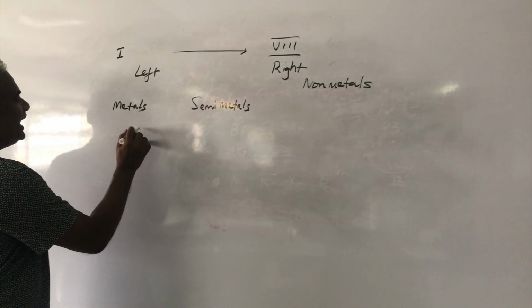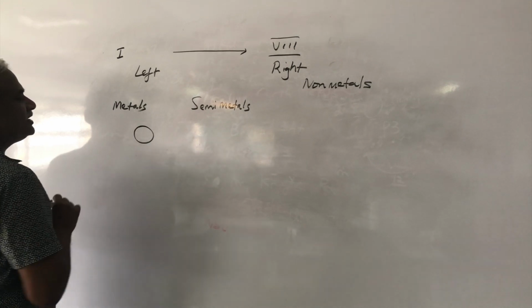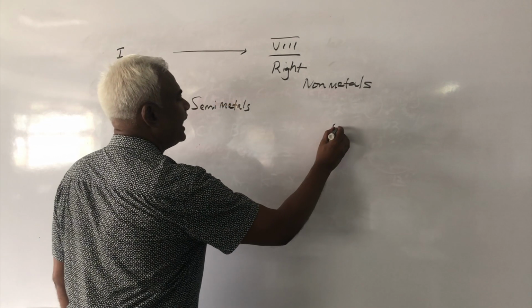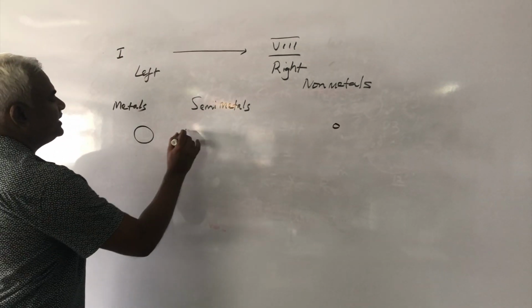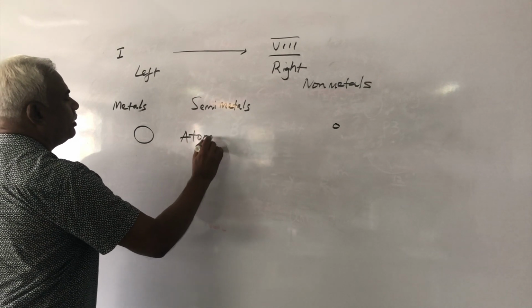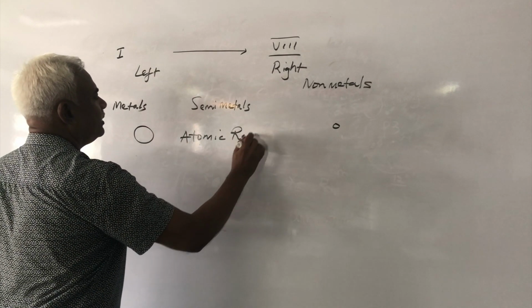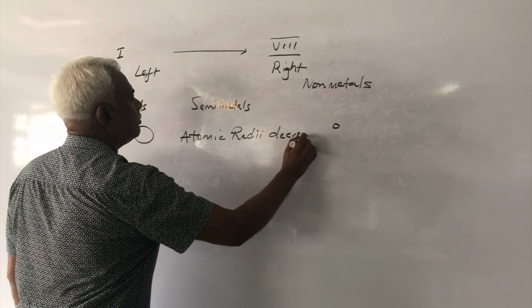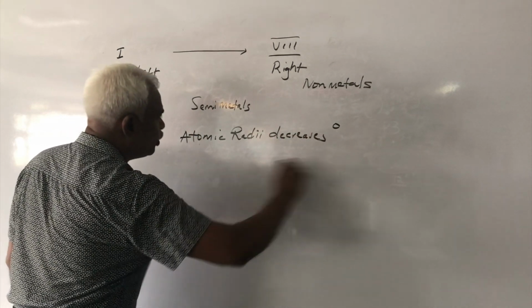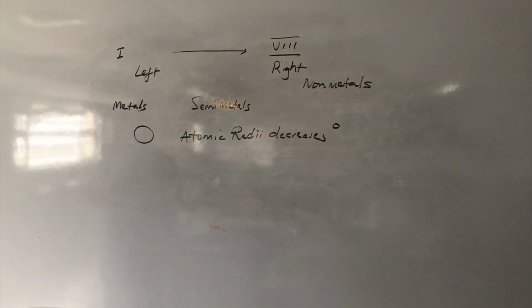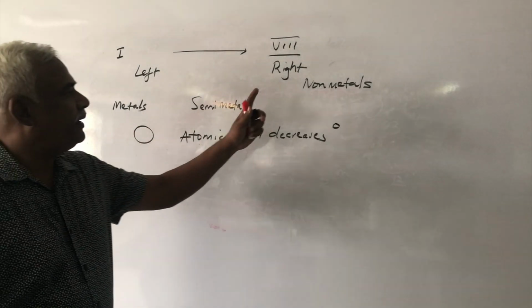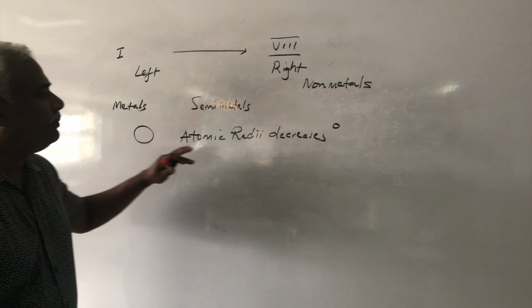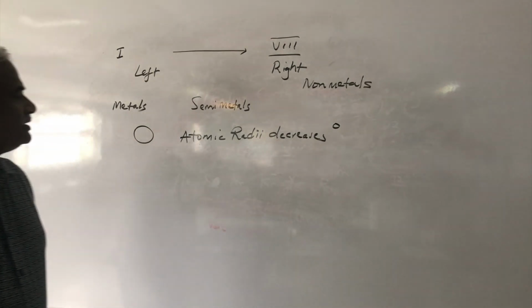We go from large atoms to small atoms. We say that the atomic radii decreases as we go across from left to right. We go from metals to semi-metals to non-metals, and the atomic radii decreases.